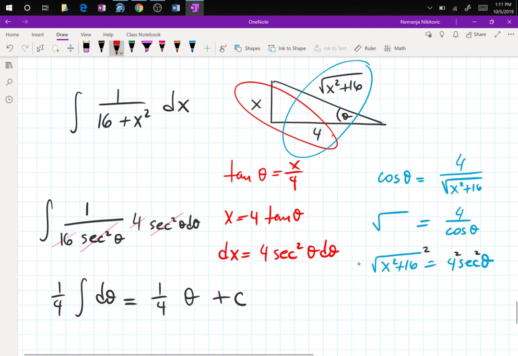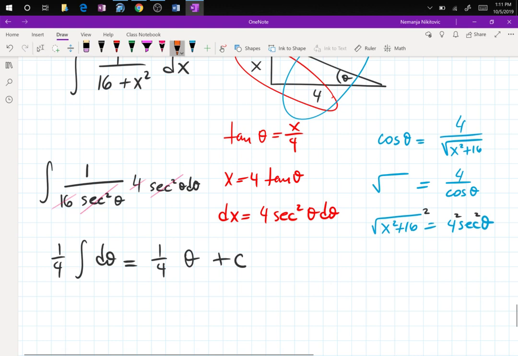So to convert theta to x, use any trig function.